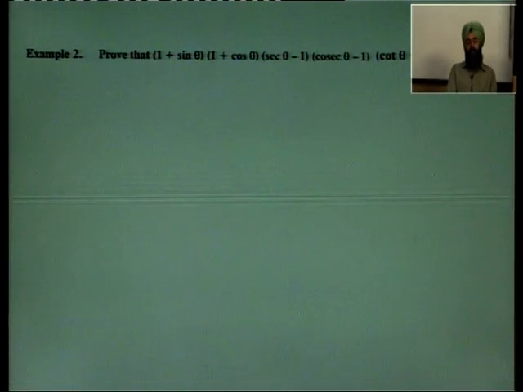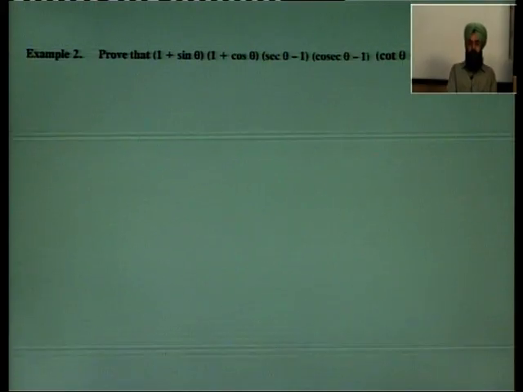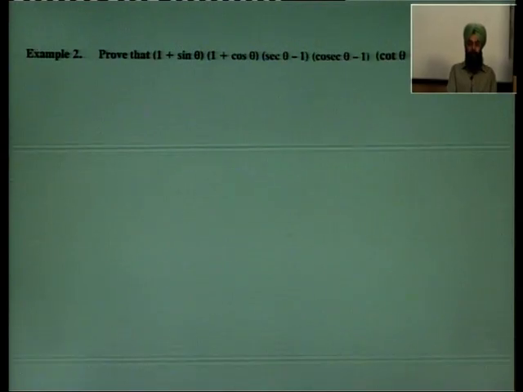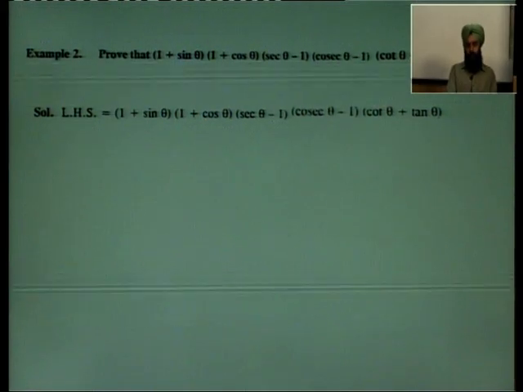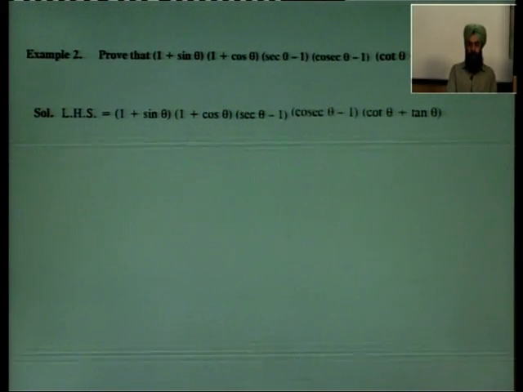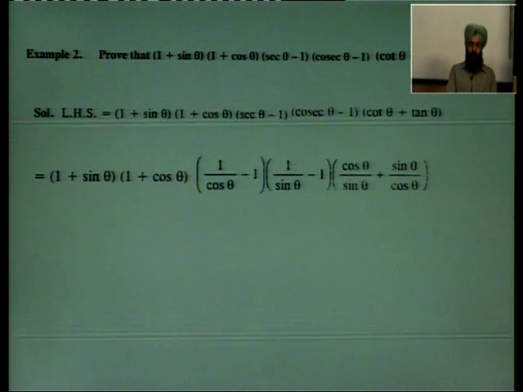Our second example: we have to prove that (1 plus sin theta) into (1 plus cos theta) into (secant theta minus 1) into (cosecant theta minus 1) into (cot theta plus tan theta) is equal to 1. We can take the left hand side and write all secant as 1 over cos, cosecant as 1 over sine, cot as cos over sine, and tan as sine over cos.